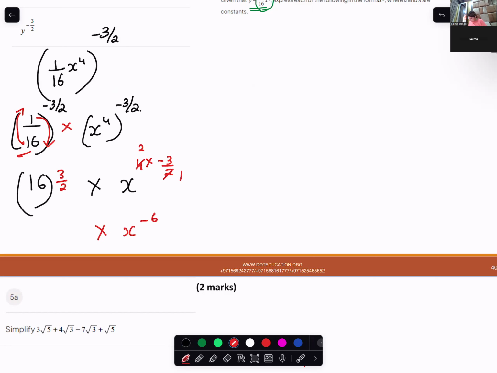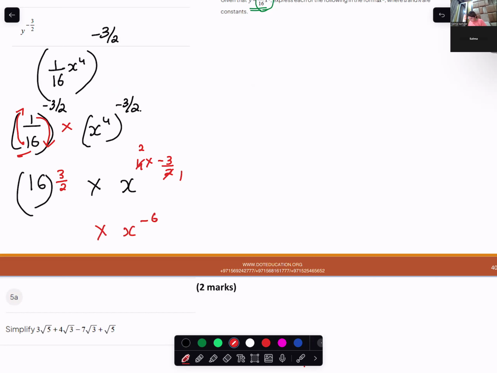Now over here, I know 16 raised to half means root of 16. So 16 raised to half is root of 16 and this cube I will put over here. Now let's see what is 16 cube root.